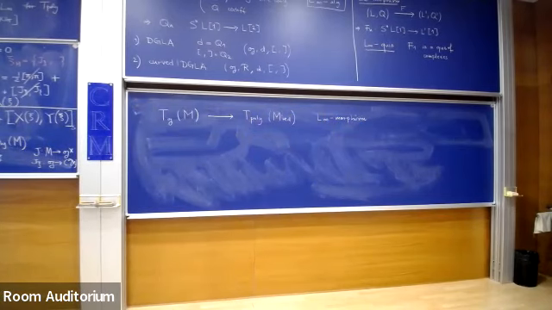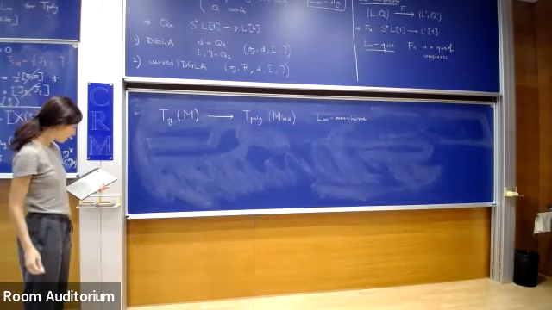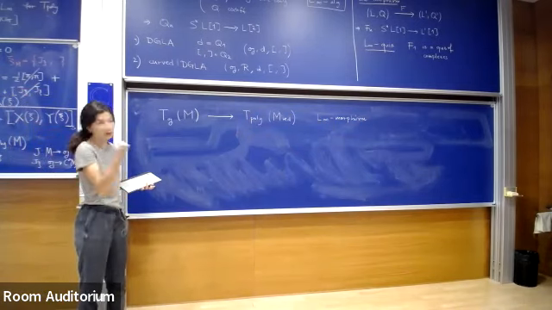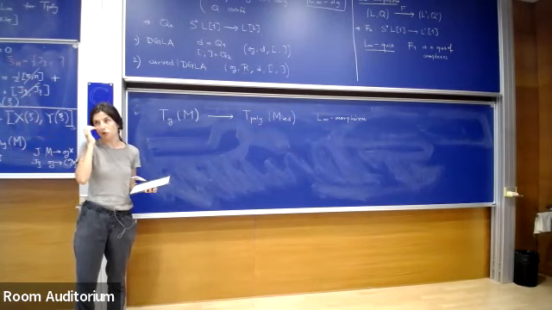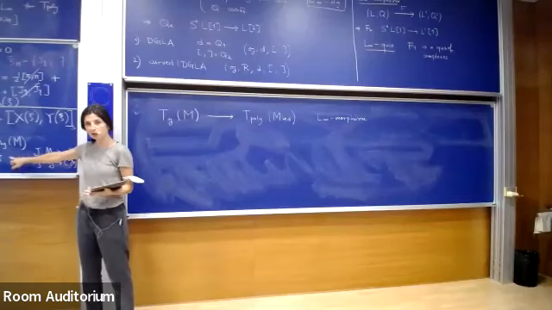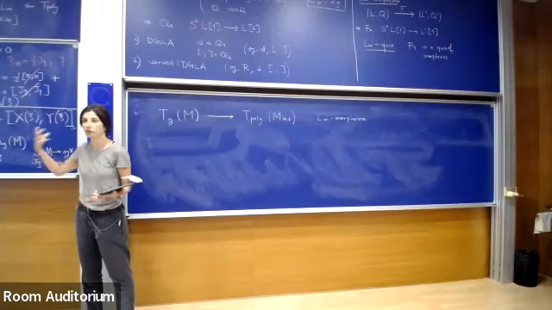Of course, it has to be an L infinity morphism because I want to preserve the Maurer-Cartan elements. And I also want to somehow take care of the curvature. So this we have to keep in mind.